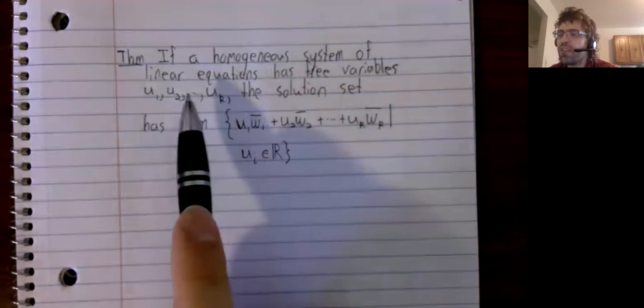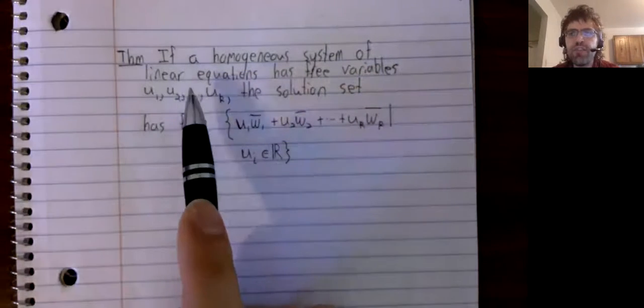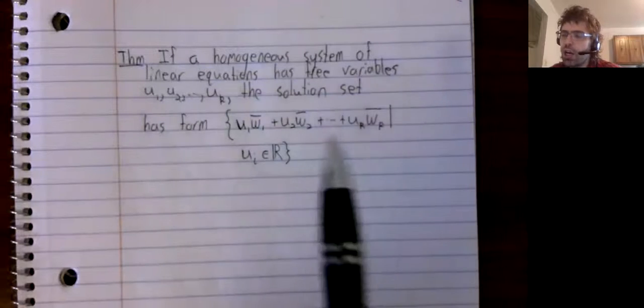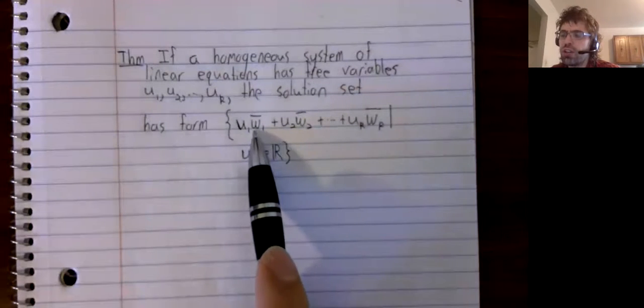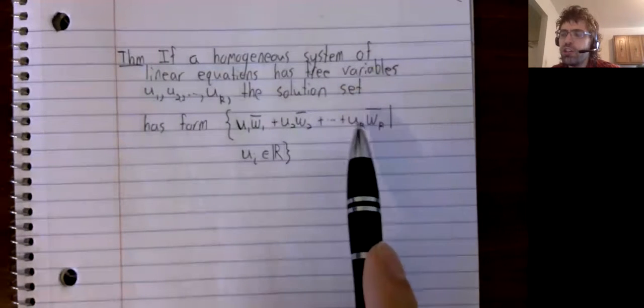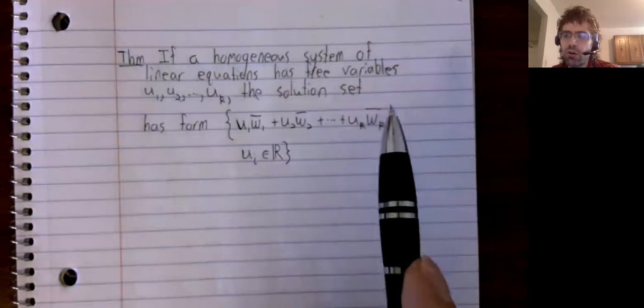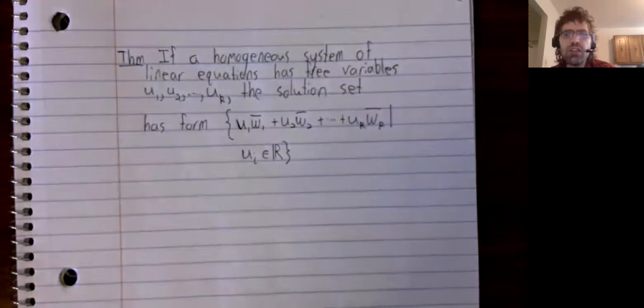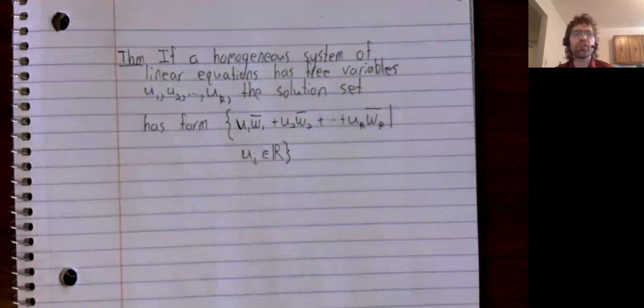So if we have k free variables, our solutions are the linear combinations of k vectors, one vector for each free variable.